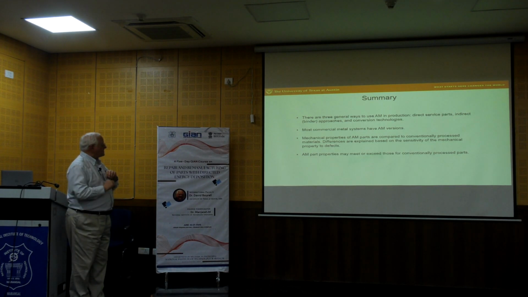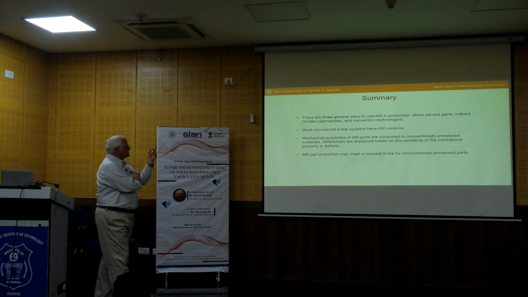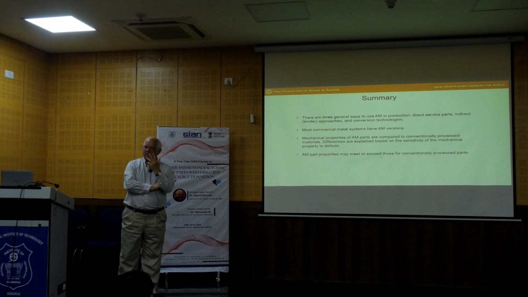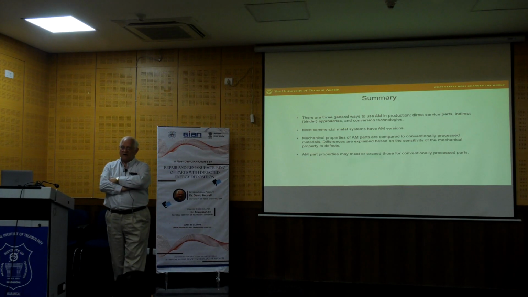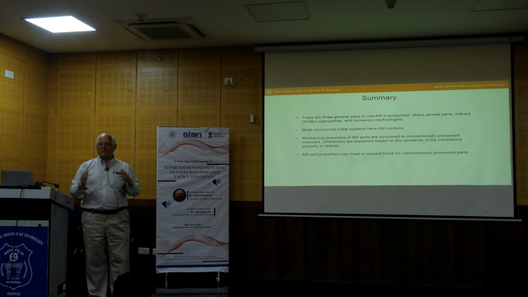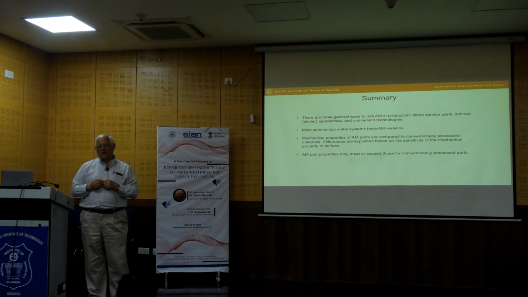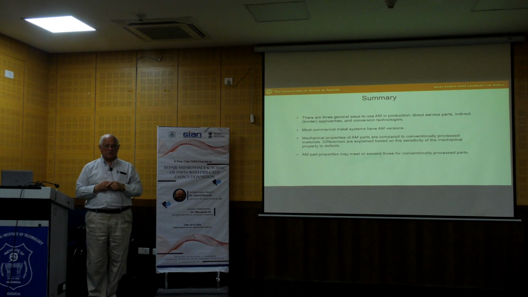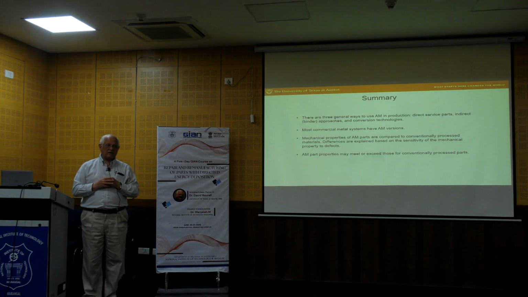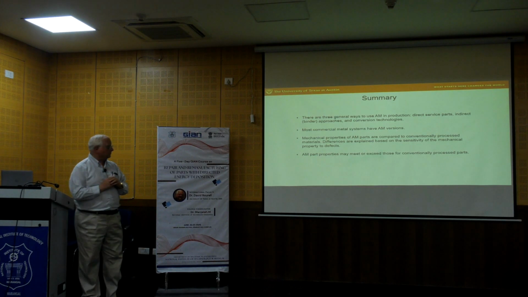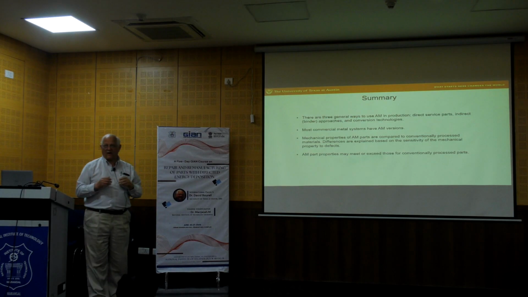So that's the main difference. Most commercial metal systems have AM versions. Certainly, there's not the breadth that we find in traditional manufacturing, but the important ones have all been ported over. So virtually all of the important commercial metals have an additive manufacturing counterpart.